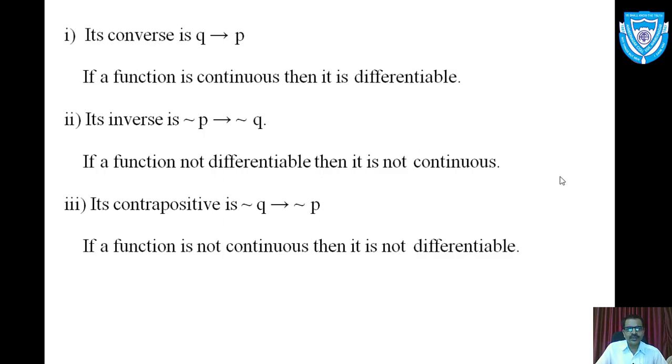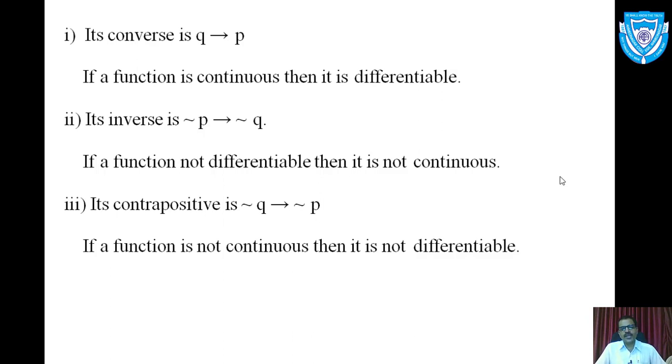Now why convert it into theoretical form? Because our original problem is given in theoretical form, so ultimately we need the answer in theoretical form. The theoretical form of the inverse, negation of P implies negation of Q, is: if a function is not differentiable, then it is not continuous. Now contrapositive.